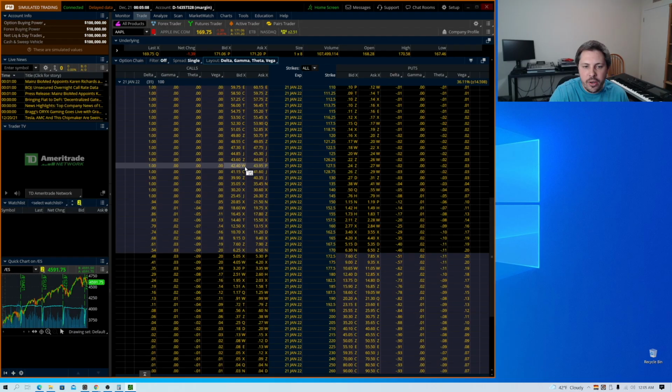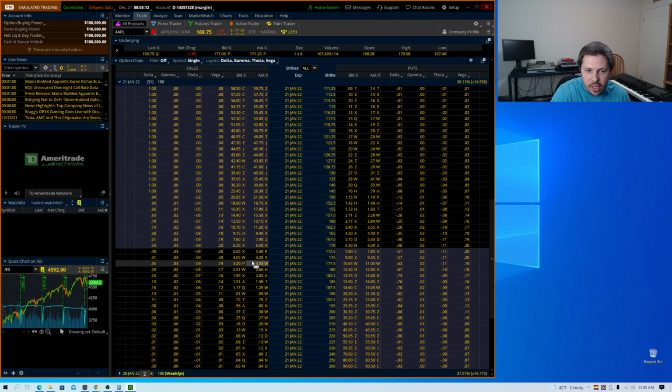Now, if we come in here to the options chain, right, these numbers are quite different, right? So with 31 days out, we can see that a delta of 0.41 here has a gamma of 0.03, right? So if Apple moves up $1, right?